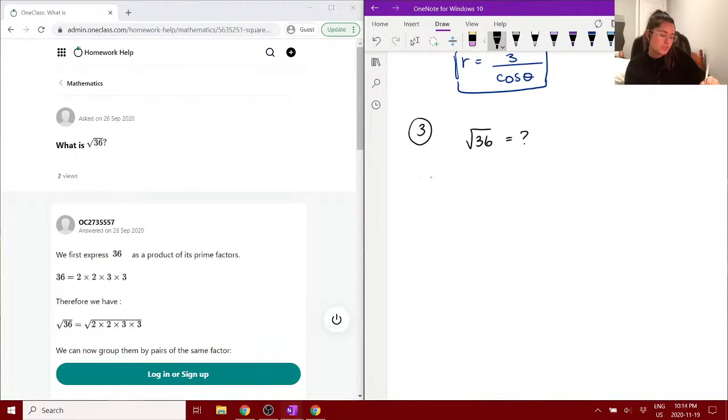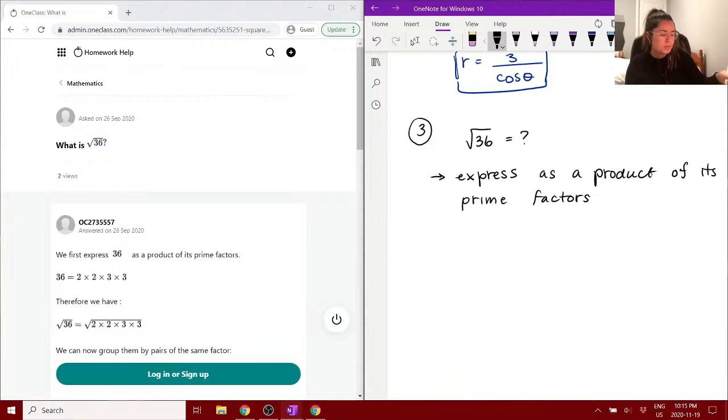So what we're going to do first is express 36 as a product of its prime factors.